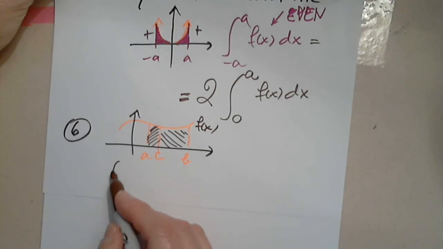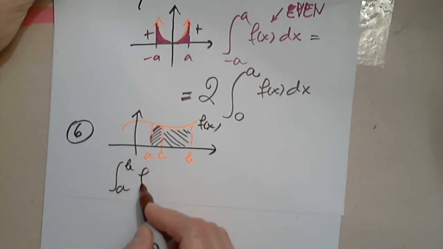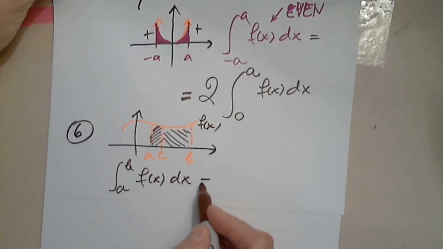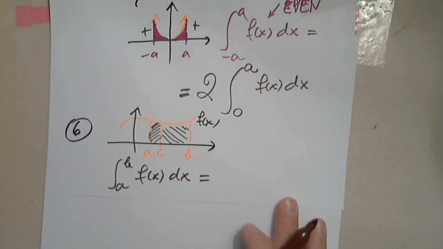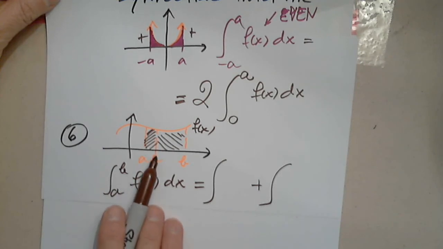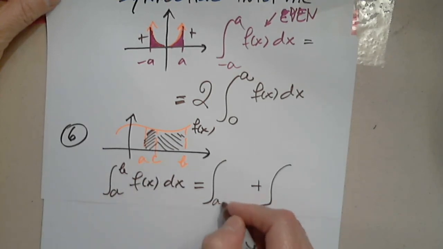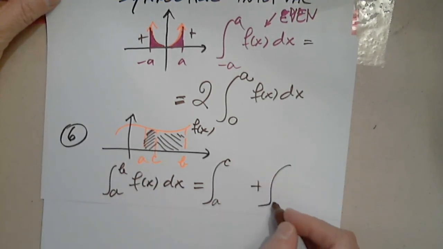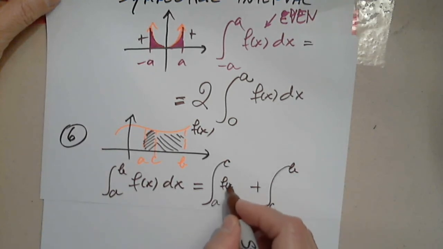Is there any way I can determine the integral from a to b of f of x dx in a different way? What do you think? It's the same as the sum of two integrals, one from a to c and the other one from c to b, of course, of f of x dx.